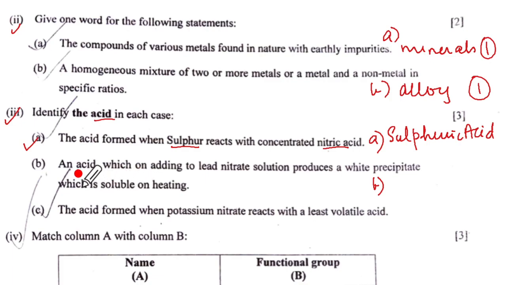Then, an acid that on adding to lead nitrate solution produces a white precipitate which is soluble on heating. A white precipitate soluble on heating is lead chloride. So which acid will remove the nitrate from lead nitrate and replace it with chlorine? This acid must have chlorine in it, so it will be hydrochloric acid.